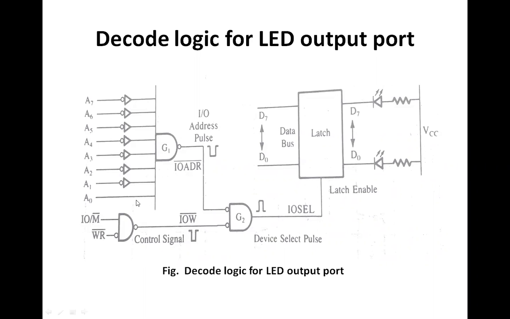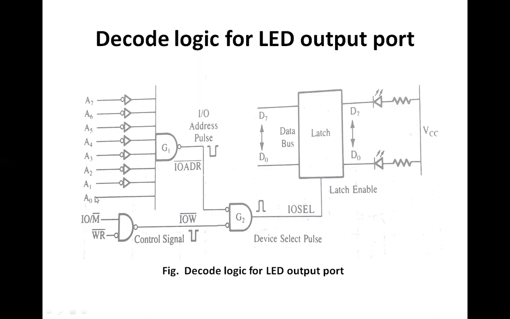Now, why is it 0 and 1? Because the 8 address lines are connected with the NAND gate that functions as a decoder. Here we are not using a decoder, but we are using the NAND gate which works as a decoder.